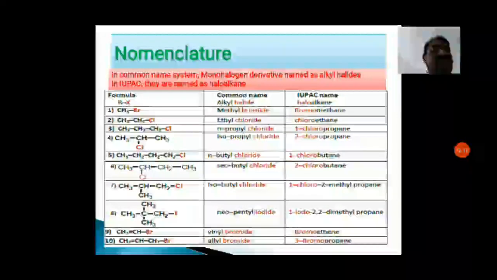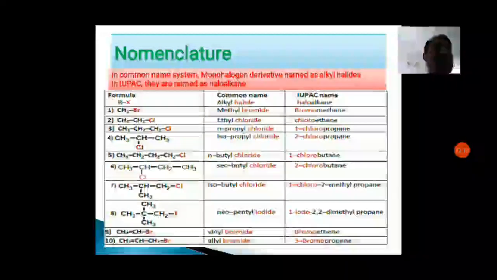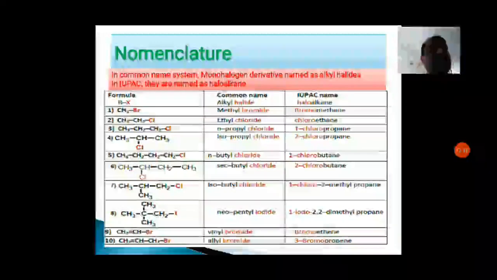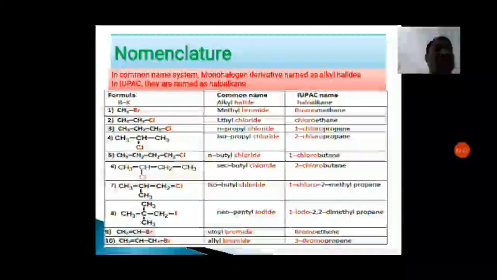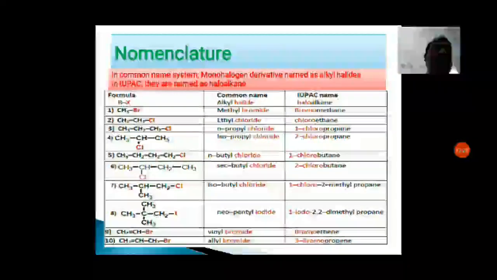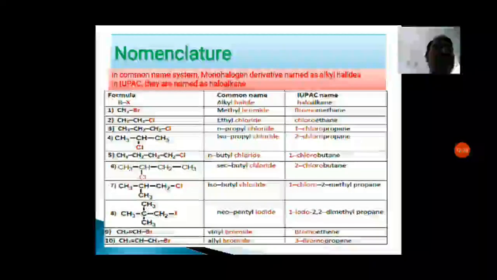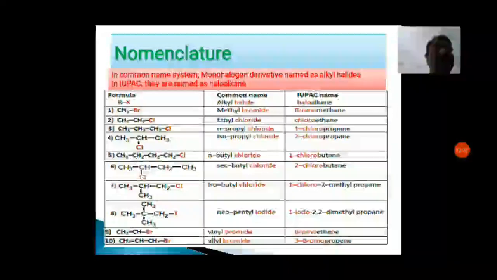It will be 1-chloro, because chlorine is attached to the first carbon atom. To the second carbon atom there is a methyl group, therefore it is 2-methyl, and the longest chain is of propane. Therefore its name in IUPAC is 1-chloro-2-methylpropane.